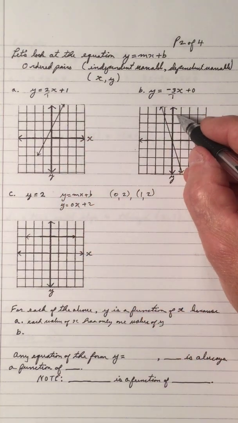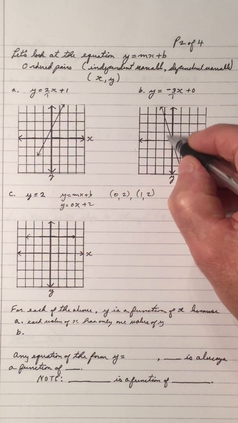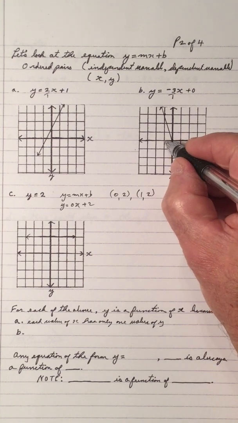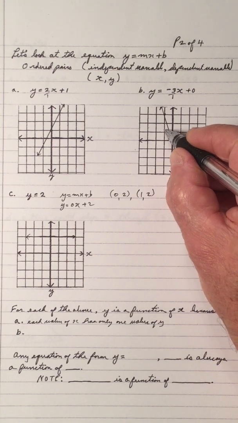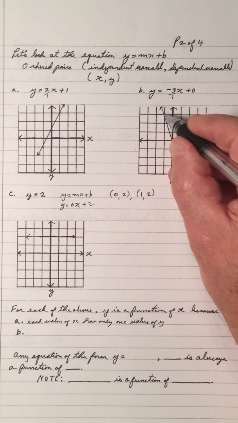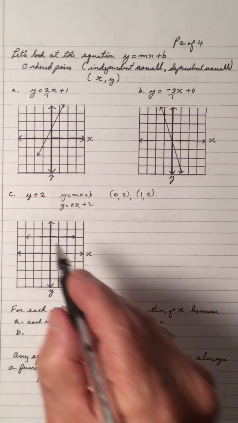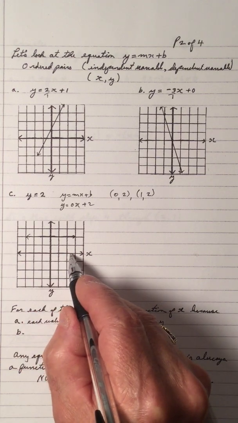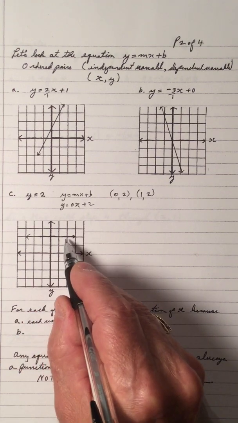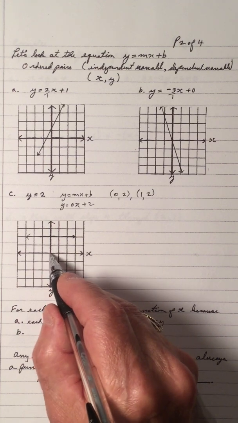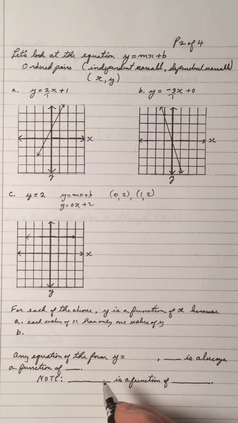So for every x value, there's only one y value. Over here, if x is negative 1, y is 3. If x is 1, y is negative 3. So again, for each x, there's only one y. When x is 2, y is 2. When x is 1, y is 2. When x is 0, y is 2.